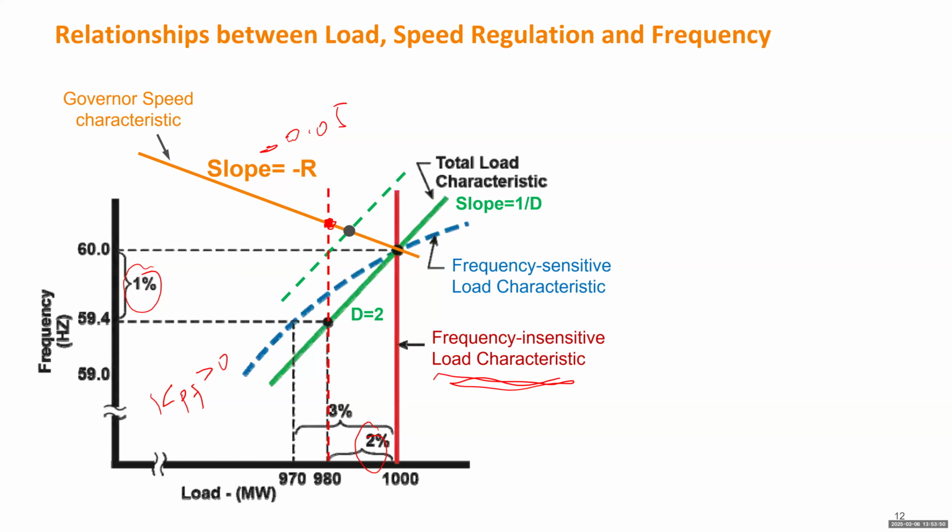So you either have a very large D, which means you have more frequency dependent components, or a very small R. They both contribute to decreasing the frequency deviation. We'll talk about that in more detail later when we go to the equation, but for now just keep in mind that larger D or smaller R can both contribute to reducing the frequency deviation.